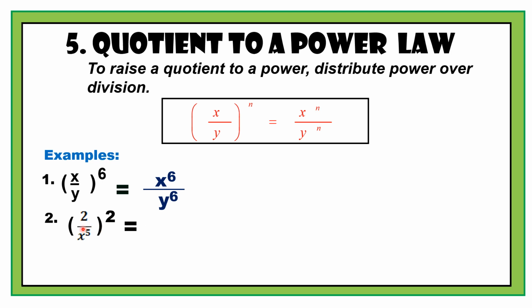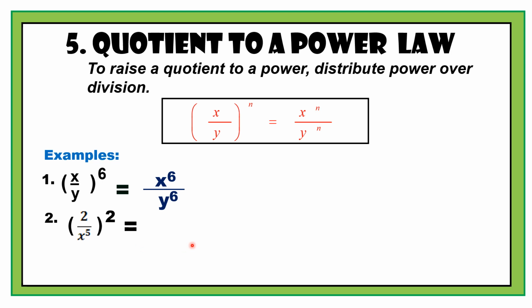Number 2, the quantity of 2 over x raised to the 5th power raised to the 2nd power. So, 2 ang exponent natin. So, didistribute lang natin yung 2 sa numerator na 2 and yung denominator natin which is x raised to the 5th power.